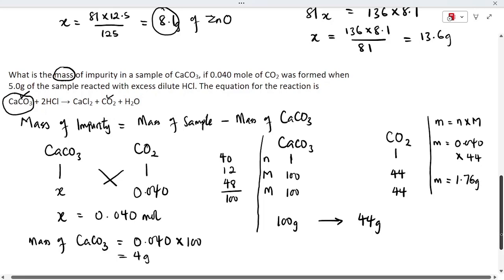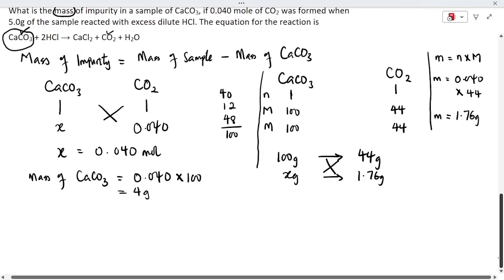That therefore means that this particular thing is actually equivalent to 1.76 grams of CO2. So if you want to solve now, since you are dealing with mass, we are not using 0.040, we'll be using 1.76. So therefore, how many grams of calcium carbonate will produce 1.76 grams of carbon dioxide?